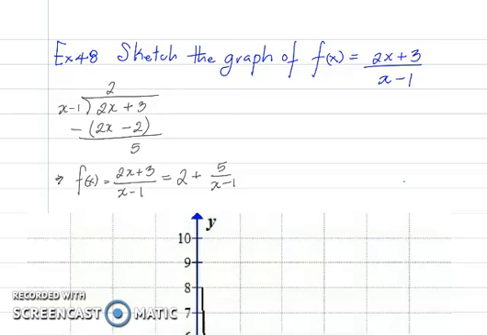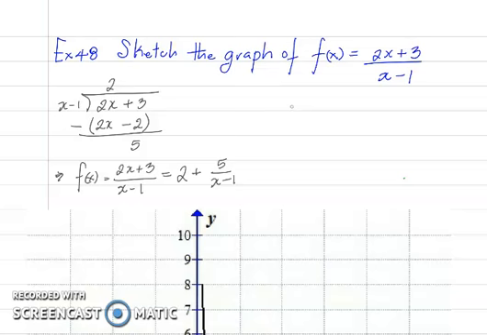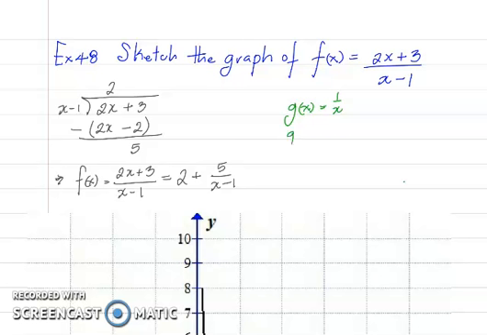So now if I let g of x be equal to 1 over x, my starting graph, now g of x minus 1 would be the same as saying 1 over x minus 1.